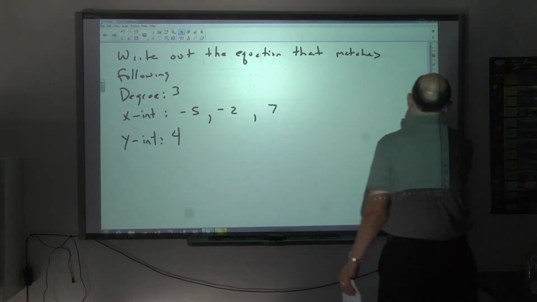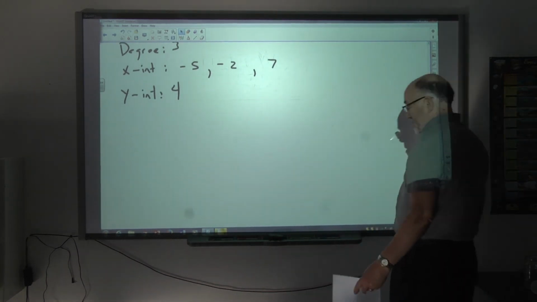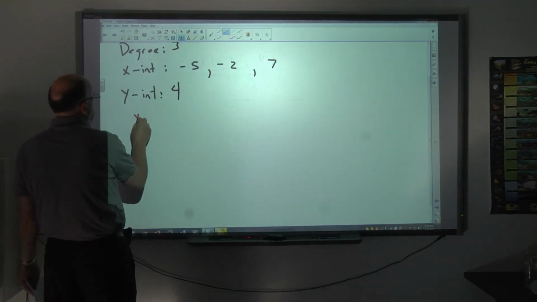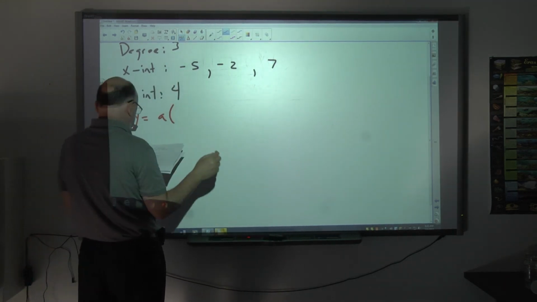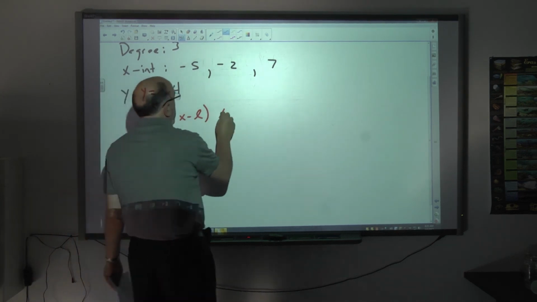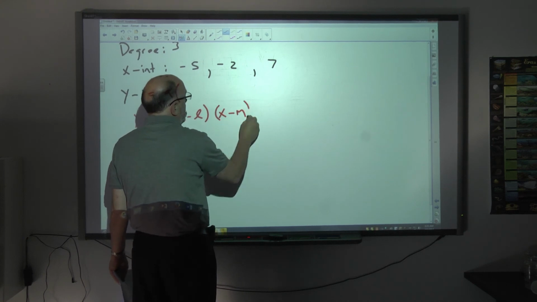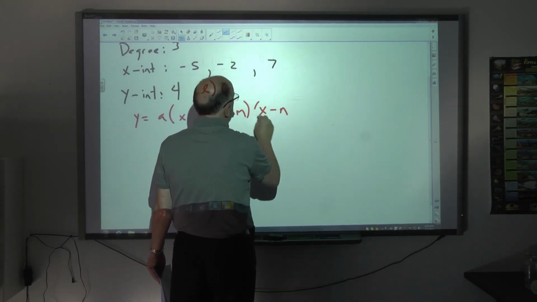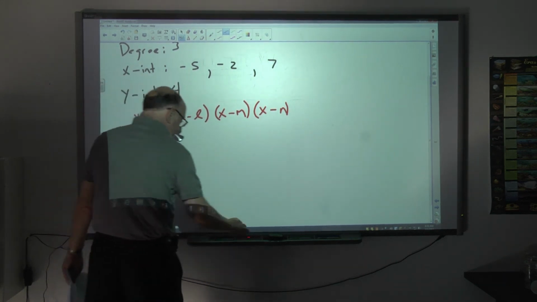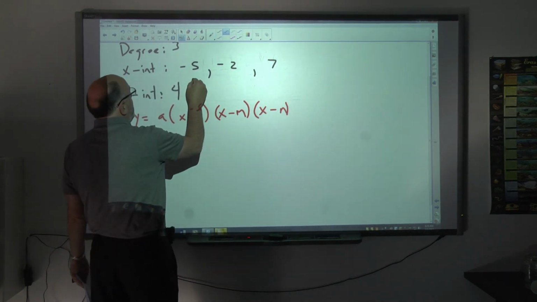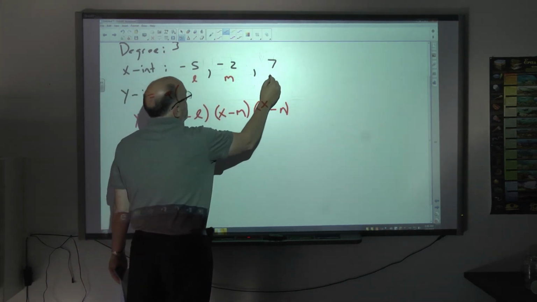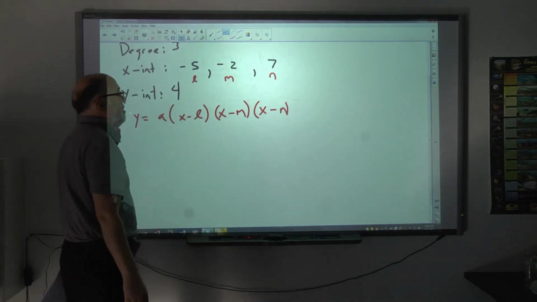So first off, the equation then is going to be in this form: y equals a times x minus L, x minus M, x minus N, and then just go on and on depending which three we're talking about, right? So this is going to be my L, this is going to be my M, and this is going to be my N. Okay?